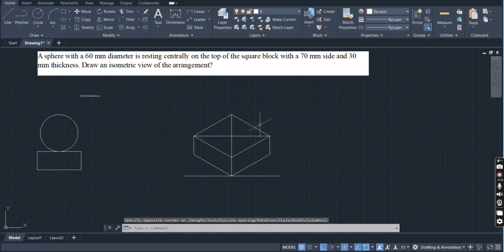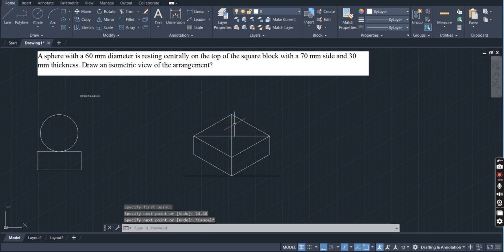Go to line, and from this point draw a line of length 24.48. 24.48 is the height of the center of the sphere. Enter. So we got one point.